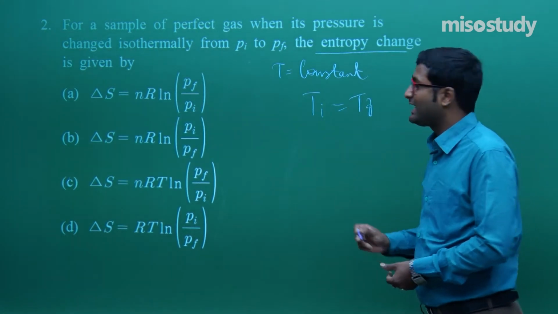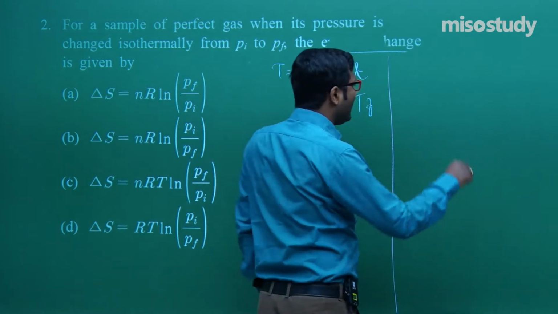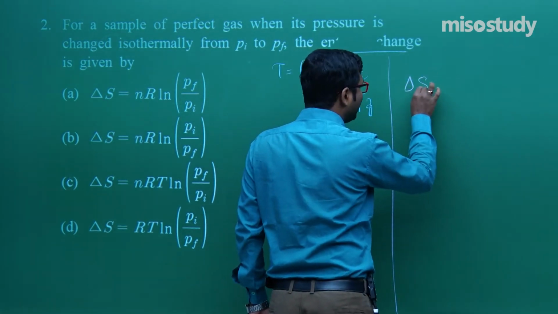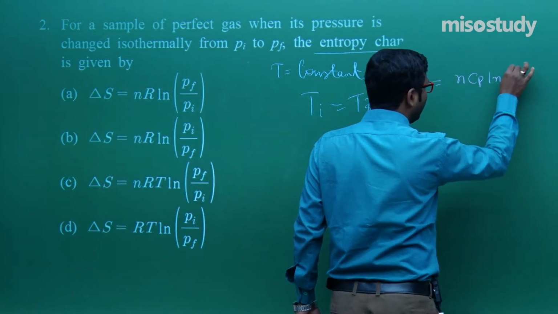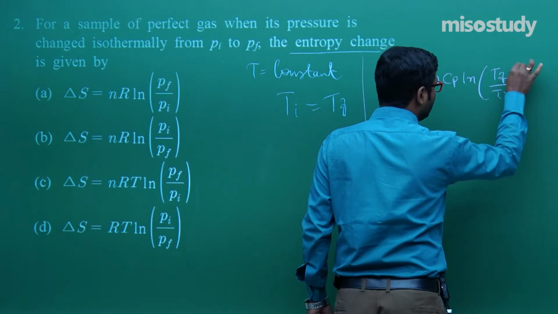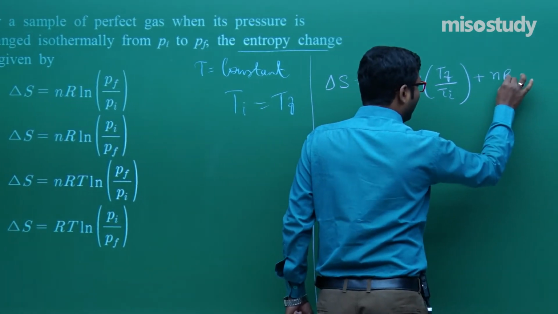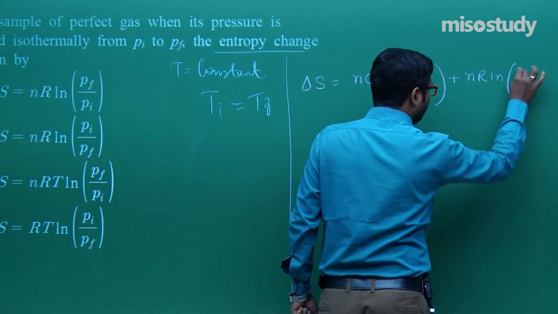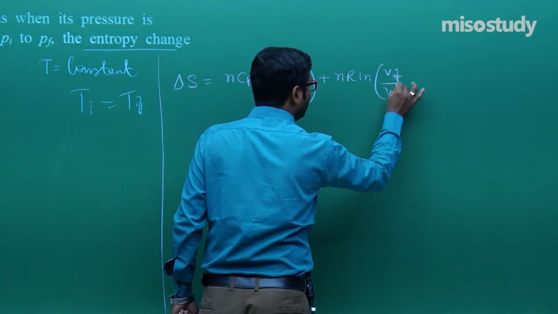Now the question arises, what is the formula of entropy? Do you remember this? As we know, delta S is equal to nCp ln T final upon T initial plus nR ln V final upon V initial.